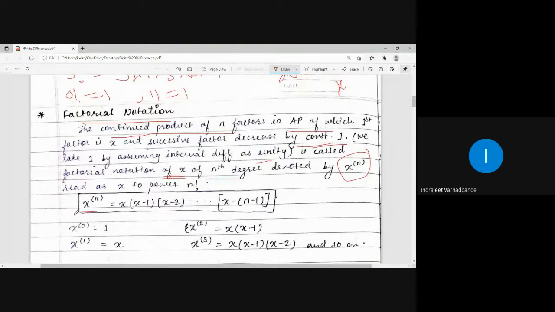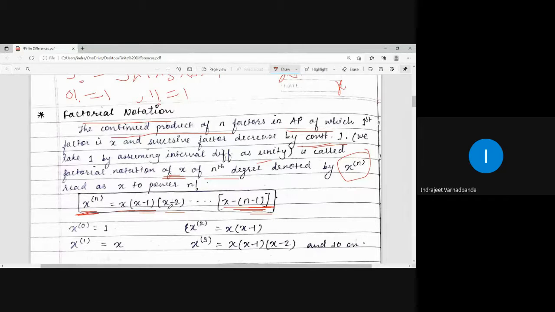So how do we write x to the power n factorial? N factors are to be taken in decreasing order as a product: x into x minus 1 into x minus 2 up to x minus of n minus 1. That is nothing but the continued product written in factorial notation form.